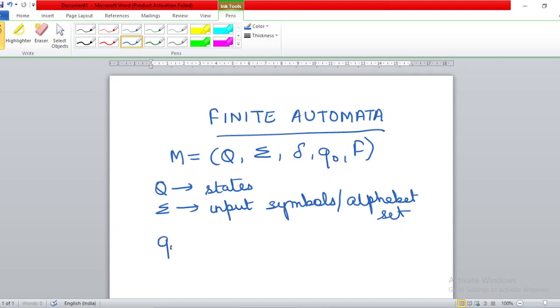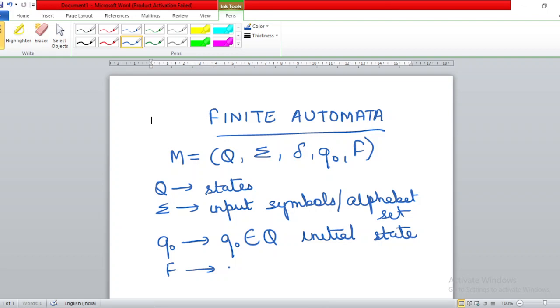First we come to Q0. Q0 is basically a state. Q0 belongs to capital Q and it is generally referred to as the initial state. So the initial state of the finite automata will most of the times be represented by Q0. F is also a set of states.